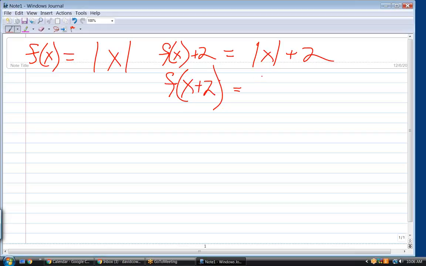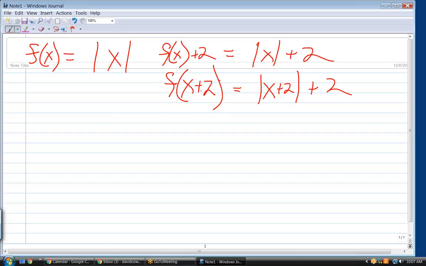This turns out to be the absolute value of x plus 2, right? In other words, whenever I put something in the parentheses that's not x, I'm going to evaluate the original function, and wherever I run across x, I'm going to put x plus 2.